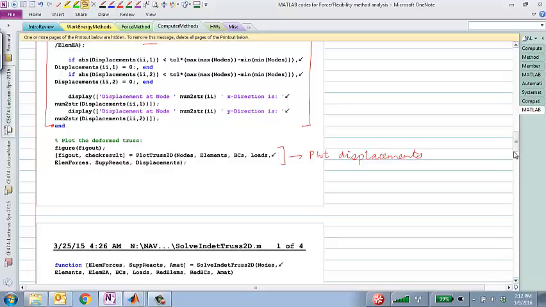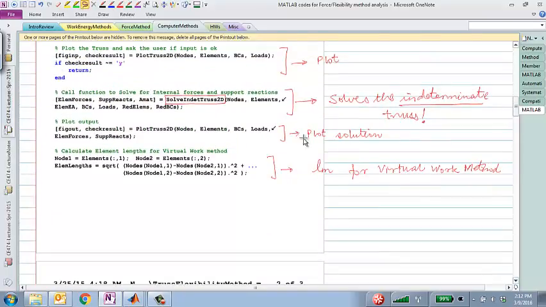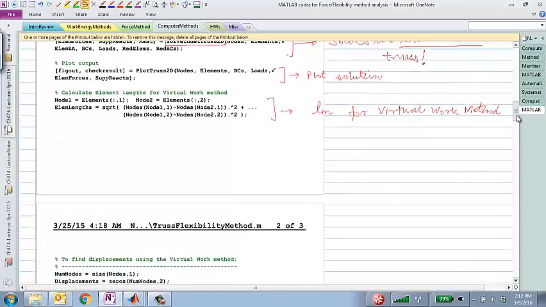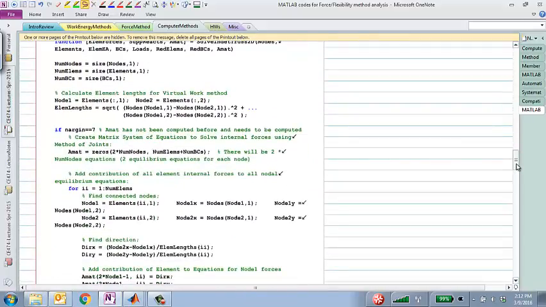So let's take a look at how this all-important subroutine that I've written here, solve indeterminate truss 2D, works. I won't get into too many details here, but I'll try to correlate certain sections of this code with the logic that I gave you in the handout.